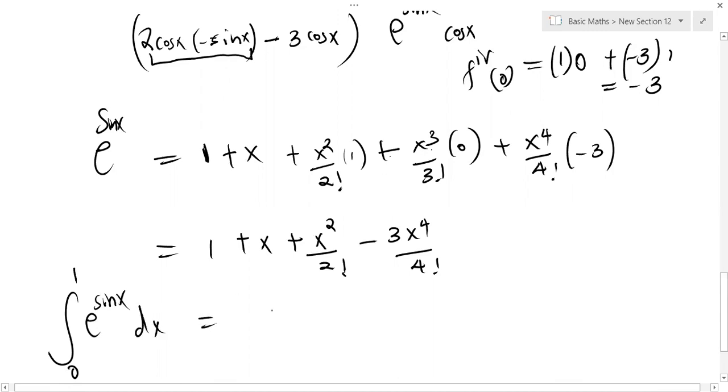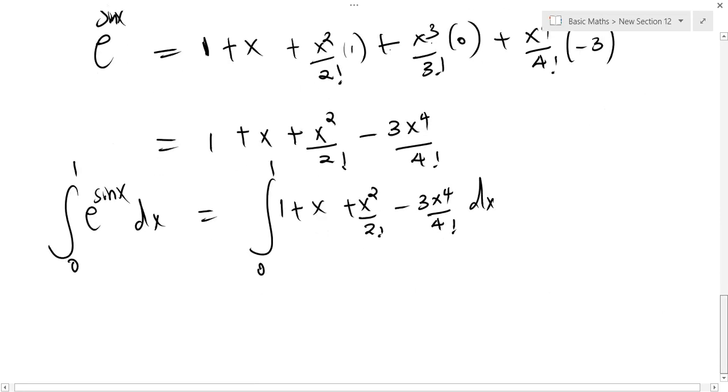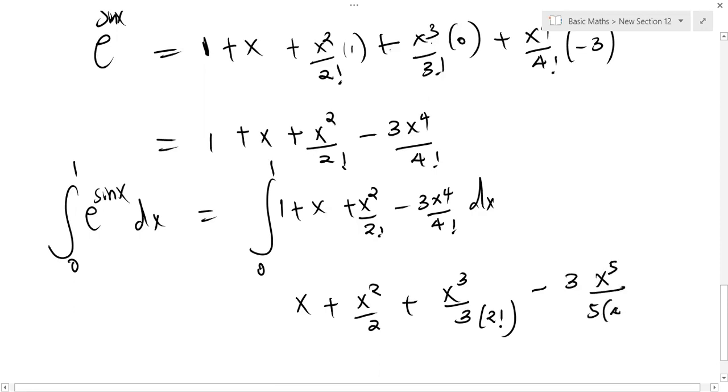This is the same as evaluating the integral from 0 to 1 of this here: 1 plus x plus x squared over 2 factorial minus 3x raised to power 4 over 4 factorial dx. Integrating this simply gives x plus x squared over 2 plus x cubed over 3, and don't forget we have 2 factorial here, minus 3x raised to power 5 over 5 multiplied by 4 factorial. The integral is from 0 to 1.